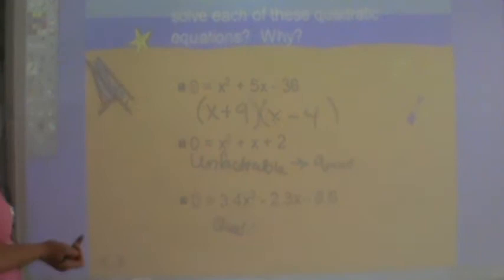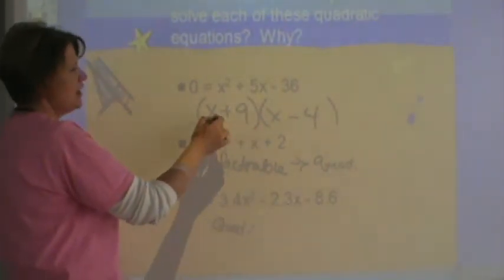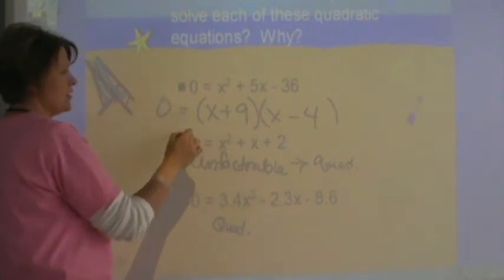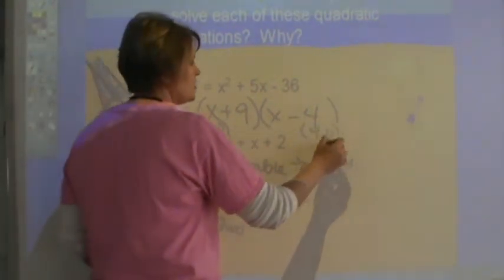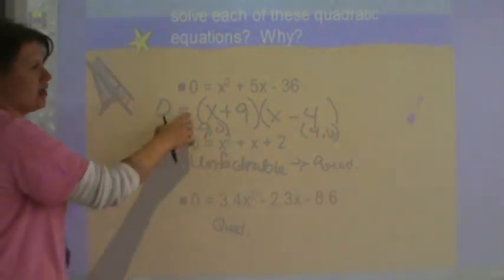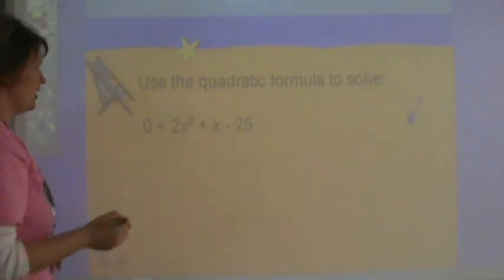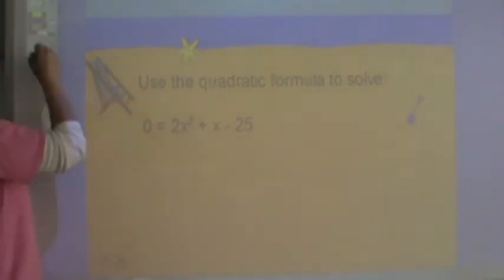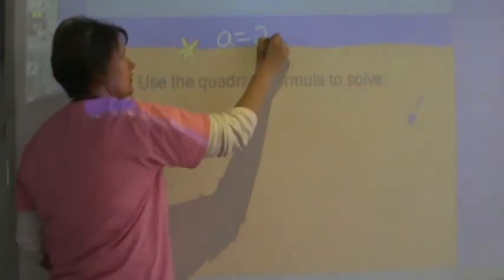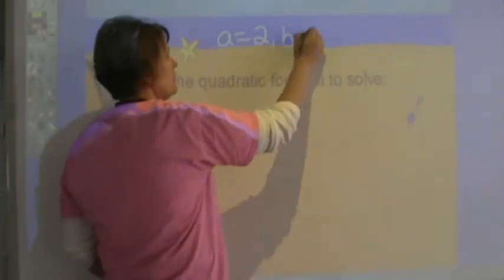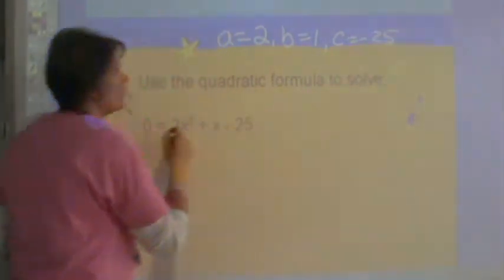Okay, so what the quadratic formula does is helps us get our two x-intercepts. In this case, if we set this equal to 0, my x-intercepts would be (-9, 0) and (4, 0). The quadratic formula also does that. Let me show you an example. First we need to know a, b, and c. A is 2, b is 1, and c is negative 25, just like we used before.